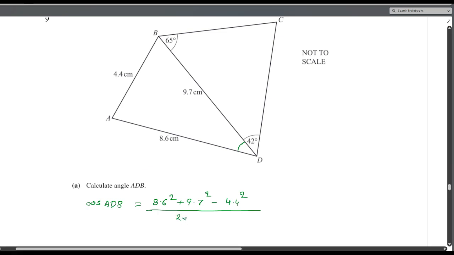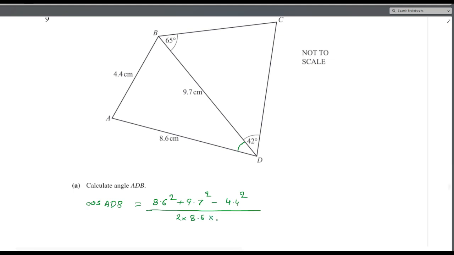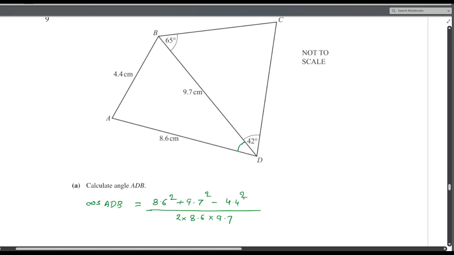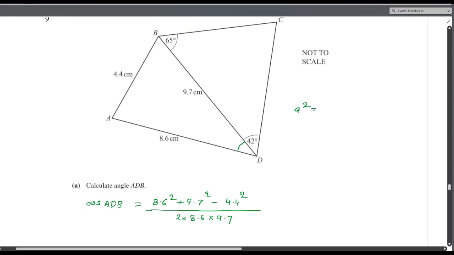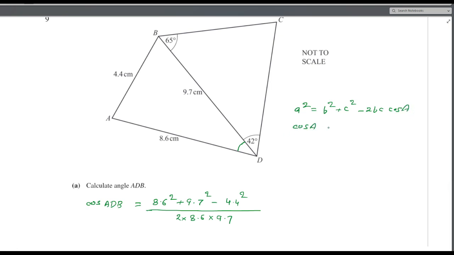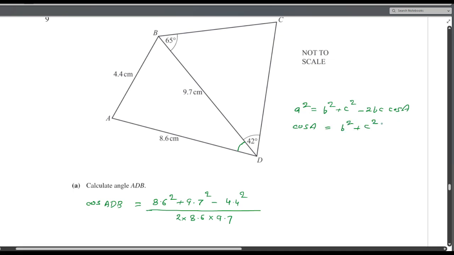So here it is 8.6 square plus 9.7 square minus 4.4 square, divided by 2 times 8.6 times 9.7. The cosine rule can be written in two different ways. One way is A square equals B square plus C square minus 2BC cos A, or I can rearrange everything and say cos A equals B square plus C square minus A square divided by 2BC.